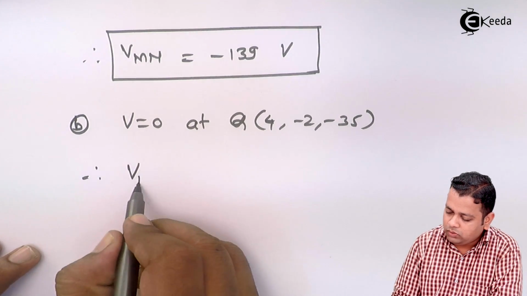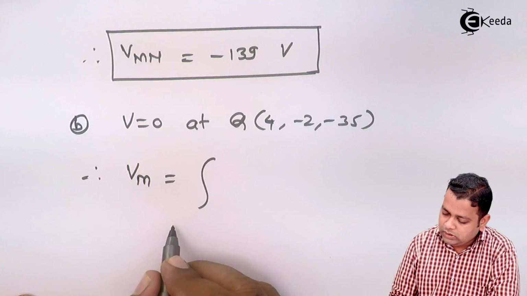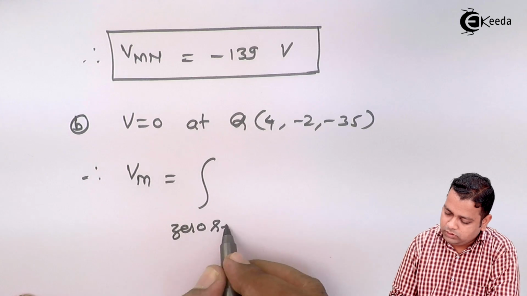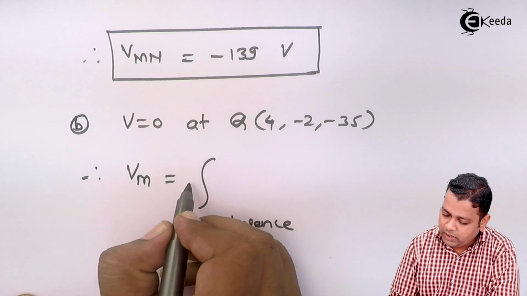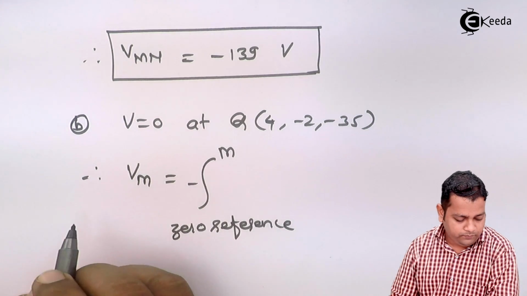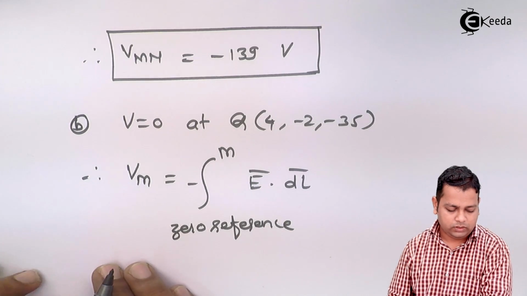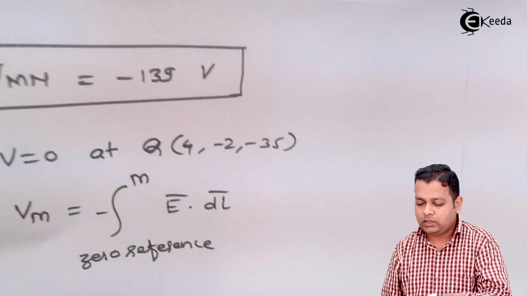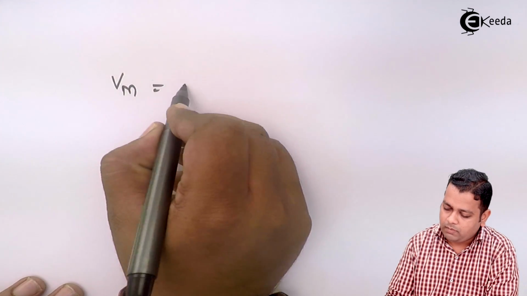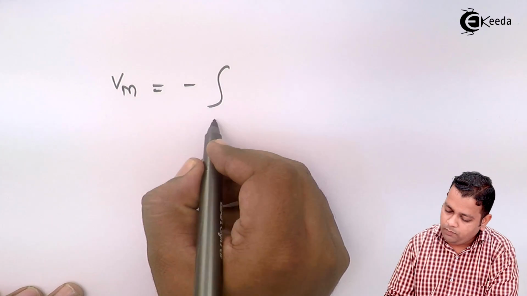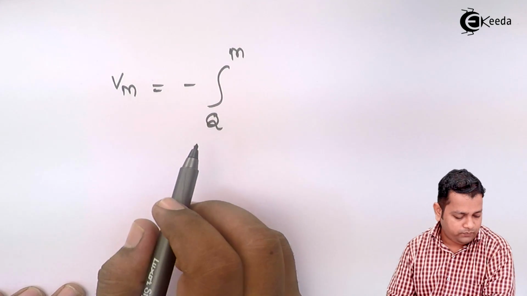Hence, according to the formula for absolute potential V_M, we write integration from 0 reference, minus sign here, to the point M, and it is E dot dL. Hence, we shall be writing instead of 0 reference, V_M is minus integral from point Q to point M, because Q is having V is equal to 0.